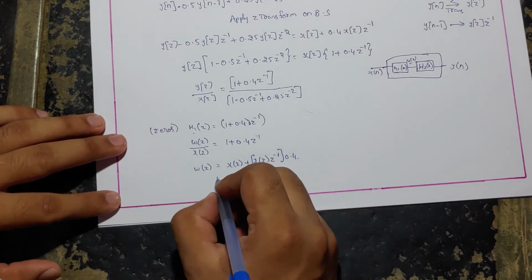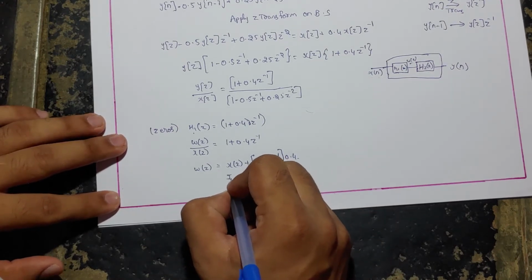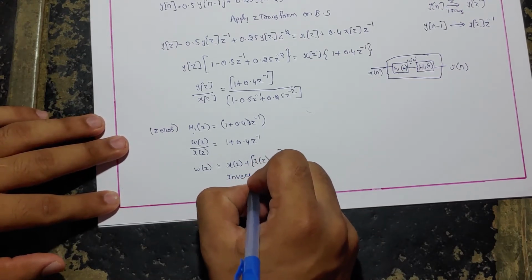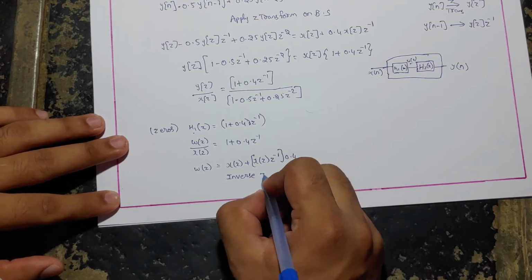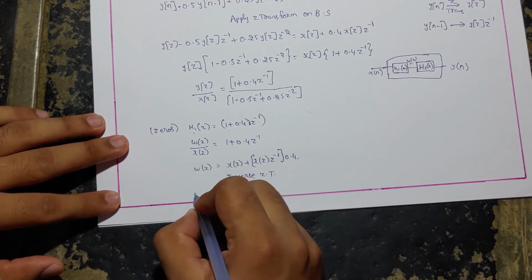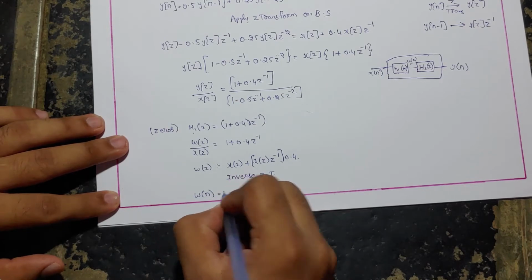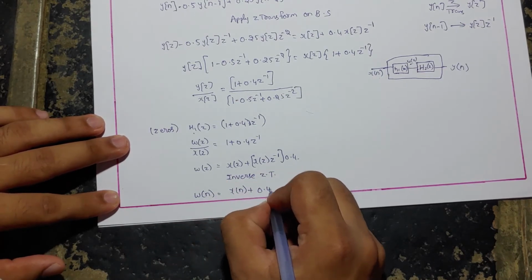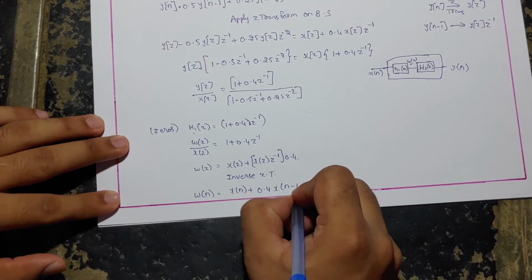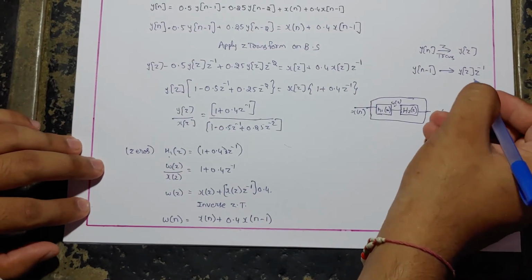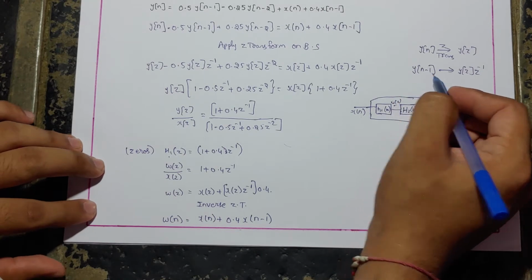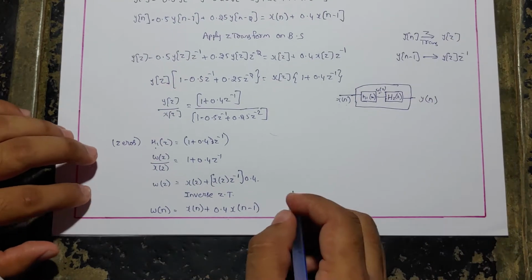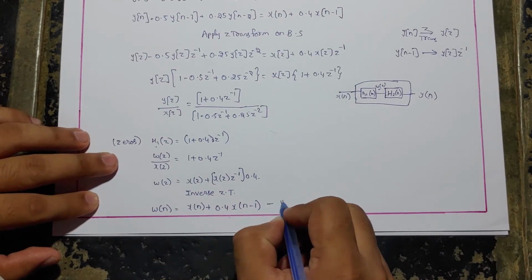Now let us do the inverse z transform for our understanding. Inverse z transform gives w of n is equal to x of n plus 0.4 times x of n minus 1, as the inverse of z power minus 1 will be a delay of 1 sample. Let us take this as equation 1.